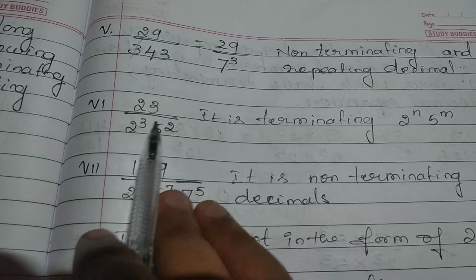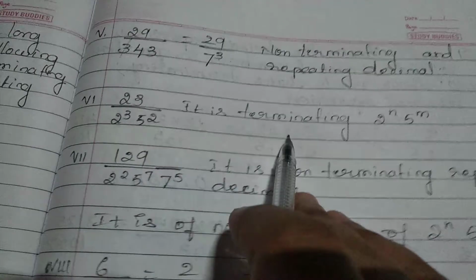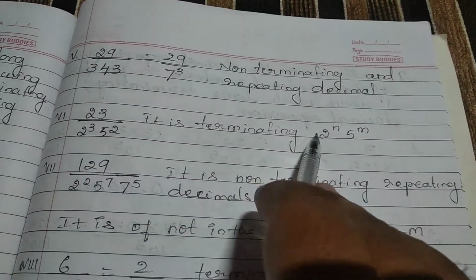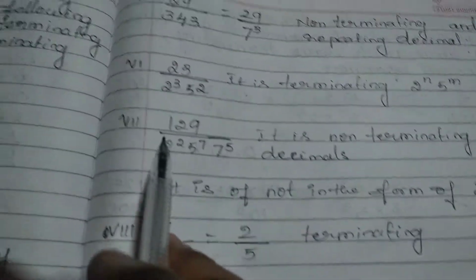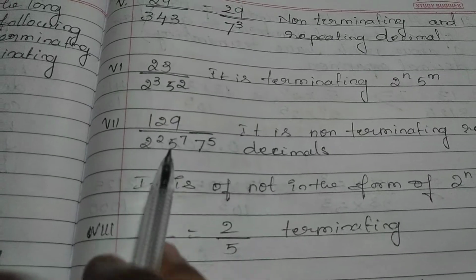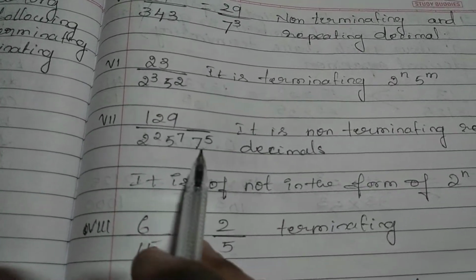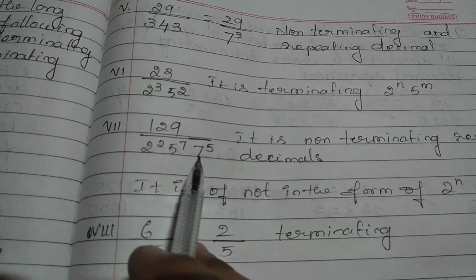23 divided by 2 to the power of 3 into 5. And already it's given in the form. That's why it is terminating, because it is 2 to the power of n into 5 to the power of m. So again you can see here 129 divided by 2 to the power of 2, 5 to the power of 7, 7 to the power of 5. Okay, here one extra, that is 7 to the power of 5.